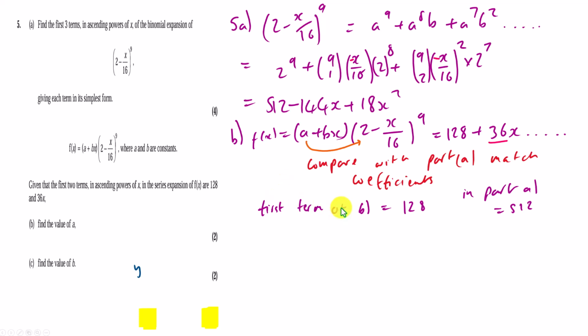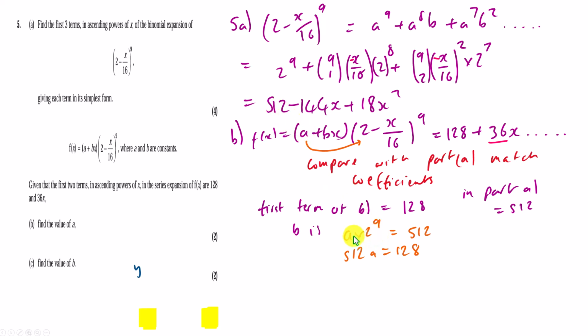So the first term in question B, the coefficient is 128 and it has to match with 512. Now if you think about it, our first term is going to be given by a times 2 to the 9. Or imagine this bracket multiplied by this, our first term is going to be a times 512.